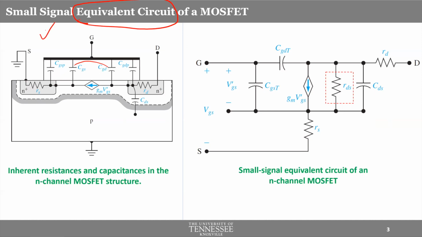On the left, you see a typical structure of a MOSFET. This is an N-channel MOSFET. That's why you have the source and drain as N-type, and the substrate is P-type, right? Let me guide you through this busy figure.